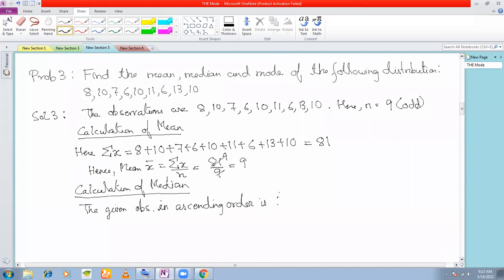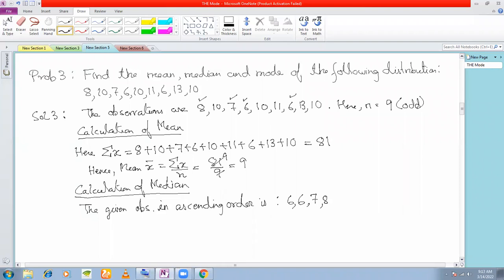The lowest observation that you see here is 6, which occurs twice, right? So you have 2 sixes. Next 7. 7 is only 1, so you write only once. Next you have 8. You write 8 here.